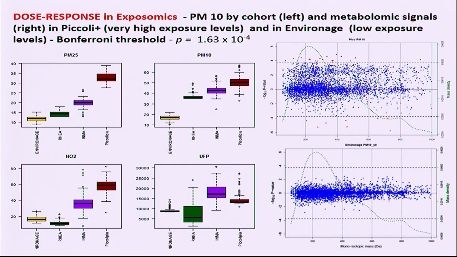So we are working along these lines to try to connect the levels of exposure with omic signals. And it is possible that we can show that you have indeed early omic perturbations also at low levels of exposure that can be found many years before the onset of disease.